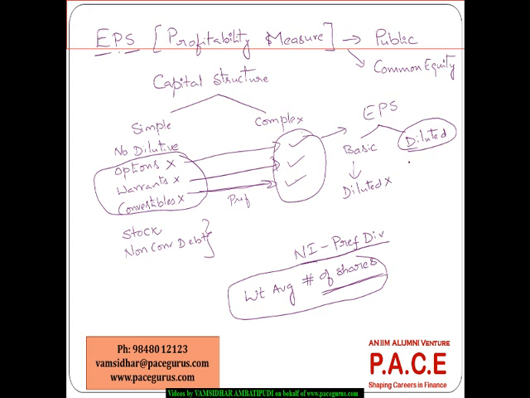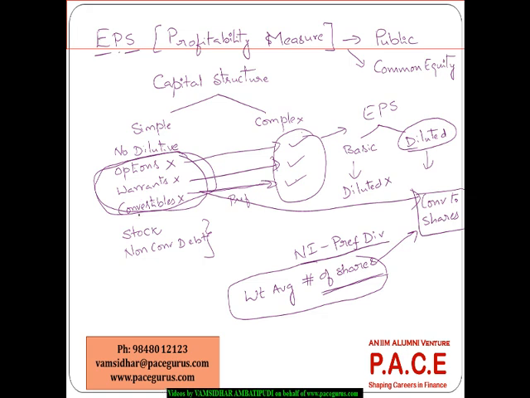In diluted EPS, we compute the EPS under the assumption that all these things are converted into shares, and compute the weighted average number of shares accordingly.